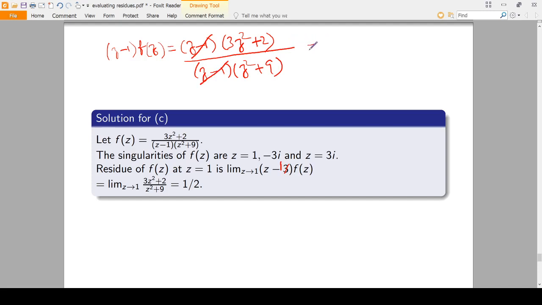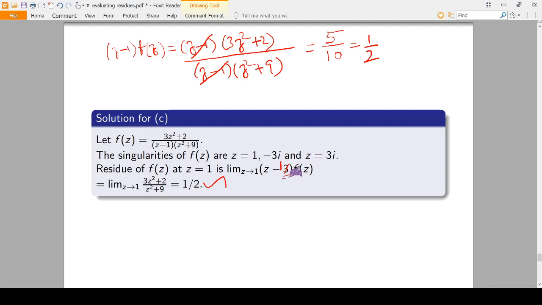This will give you 3z squared plus 2 by z squared plus 9, which turns out to be 5 by 10, which is equal to 1 by 2. So the residue at z is equal to 1 is 1 by 2.